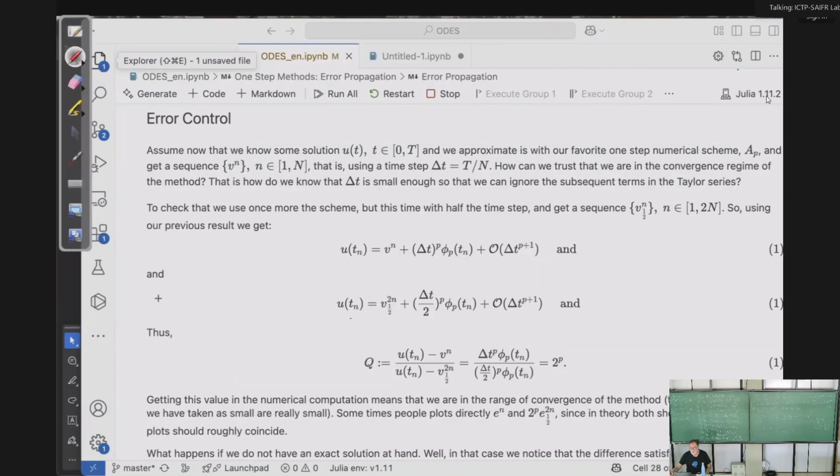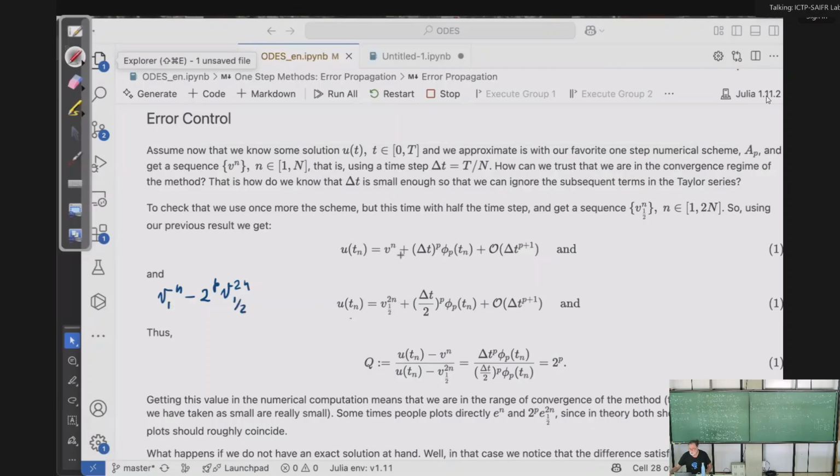So if you write Bn minus 2 to the p Bn minus 1, it's Bn and B2n. This is with delta t, this is with delta t over 2.